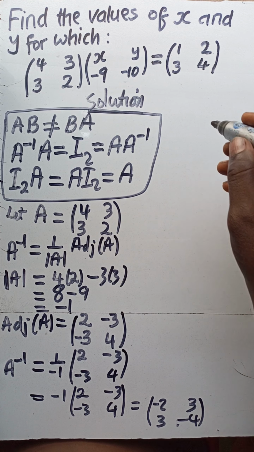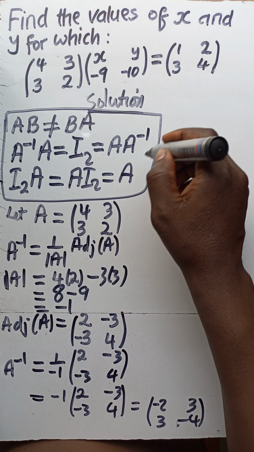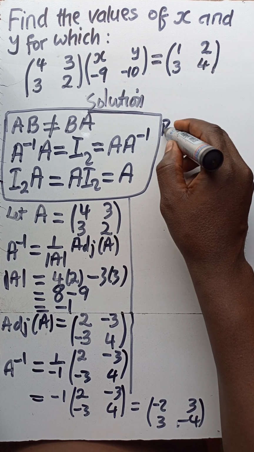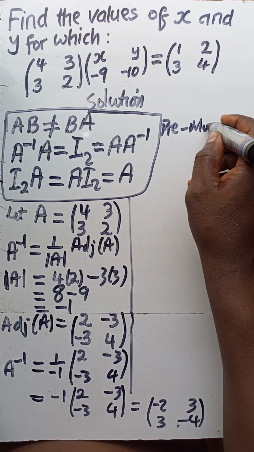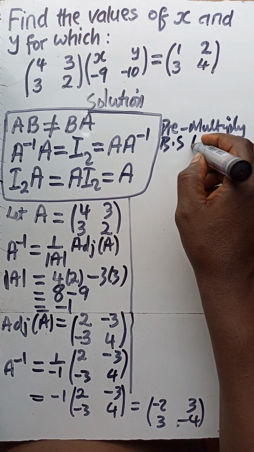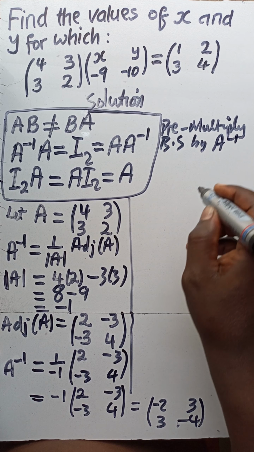So let's go ahead and do pre-multiplication. Let's pre-multiply both sides by A inverse.